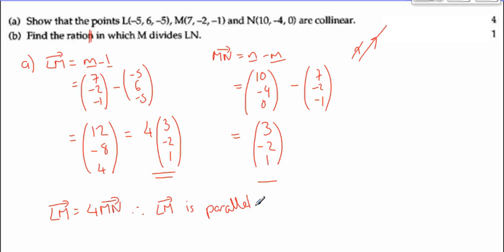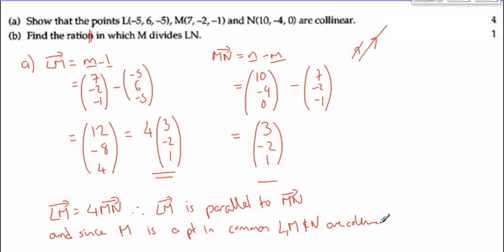Okay, so that's your first key point. We're doing this work to prove that they are parallel, and then because that M is a point in common, that means that they have to be collinear. L, M, and N are collinear.